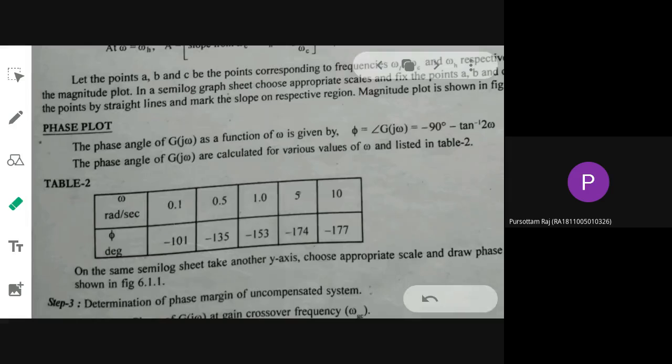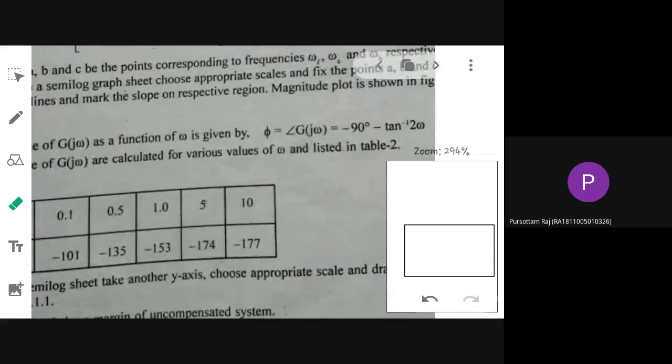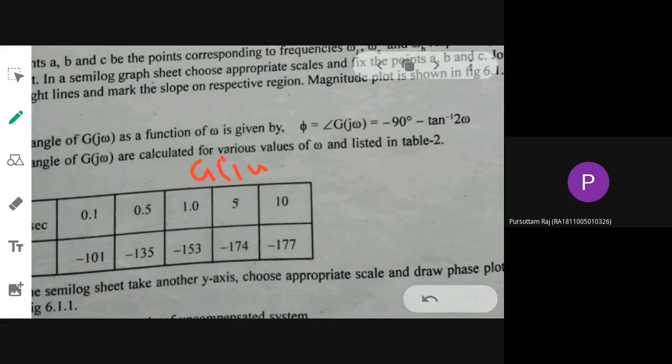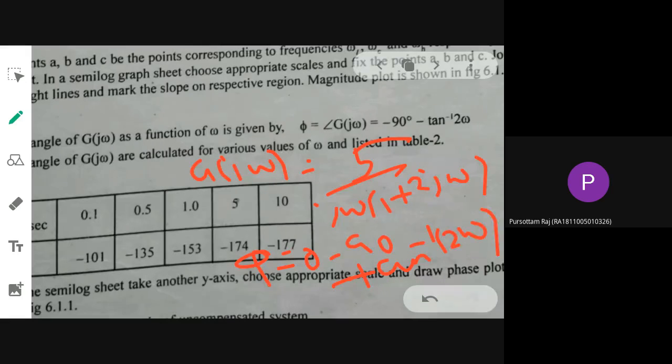What is the formula for phase angle? Given the transfer function G of j omega is equivalent to 5 divided by j omega into 1 plus 2 j omega. If you want to take the angle, phi is equal to 0 minus 90 minus tan inverse of 2 omega. This is the phase angle representation.